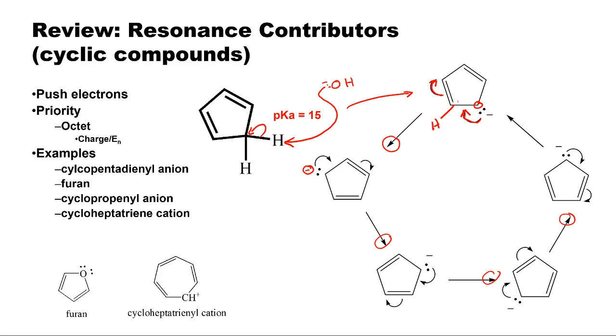Cycloheptatrienyl cation also has a different pattern. It's just the pi bond movement. You'll notice that this is an sp2 hybridized carbon, so it already only has 6 electrons. So this is electron deficient, and it has 3 groups on it. And so you can just move the pi bond like that.